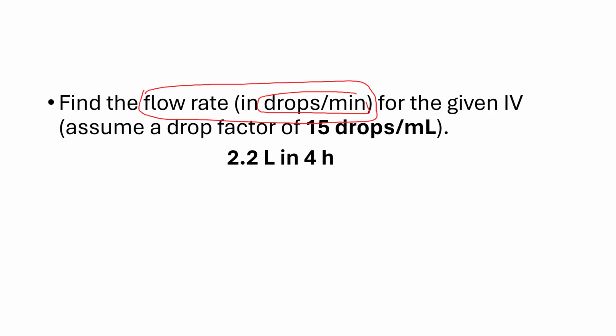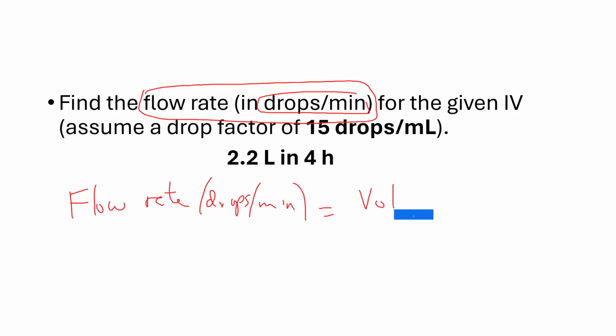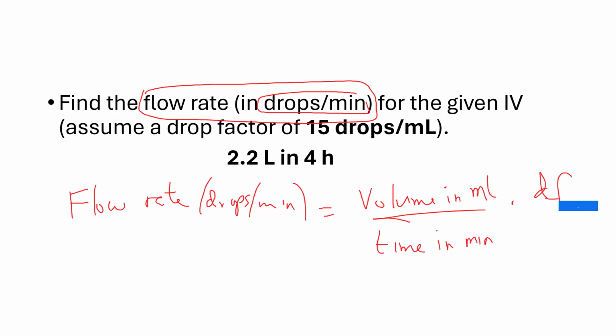So the formula for flow rate in drops per minute is equal to volume in ml over time in minutes, times the drop factor. I'm going to say DF, the drop factor, which is 15 drops per ml.